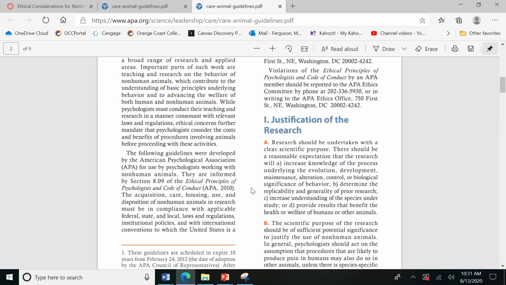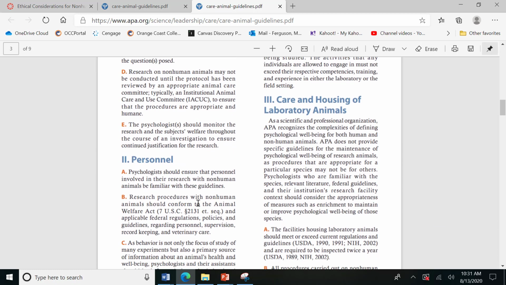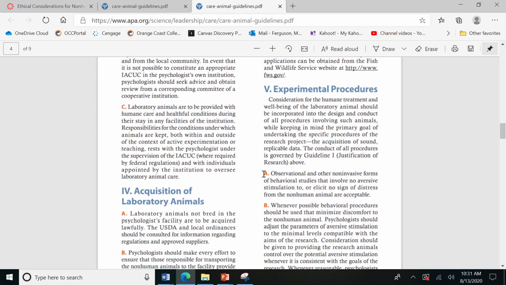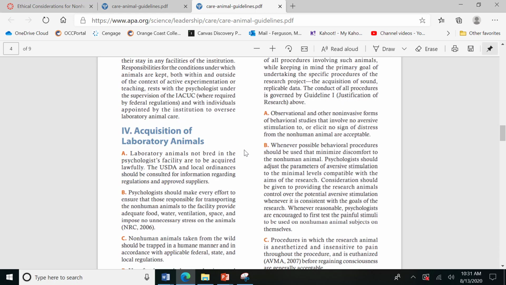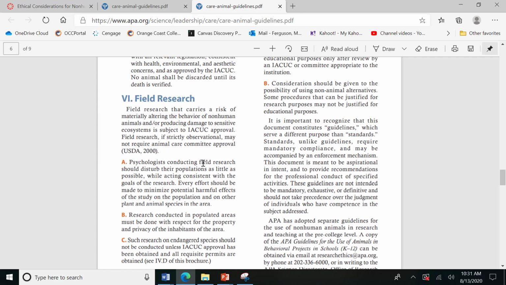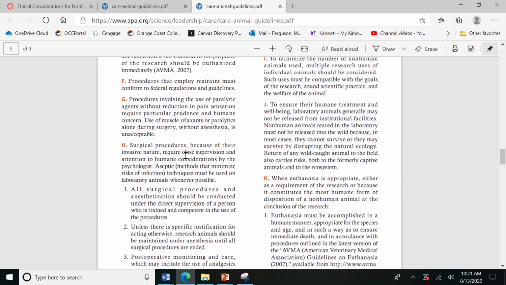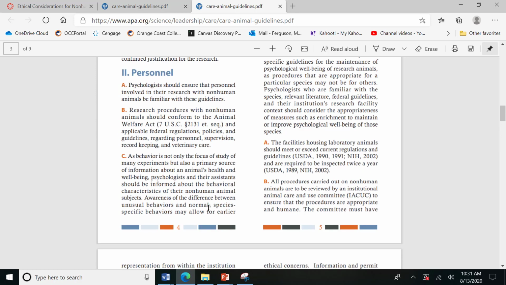And it goes through and it talks about the justification of the research, personnel, people who should be working with the animals and doing animal research, the care and housing of animals, acquisition of animals, experimental procedures, doing field research. So this is like Jane Goodall going out and observing the animals, educational use of non-human animals. And so all of these guidelines here are there to protect animals when they're used in research, basically.